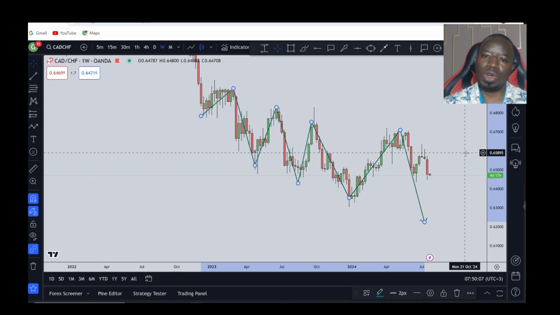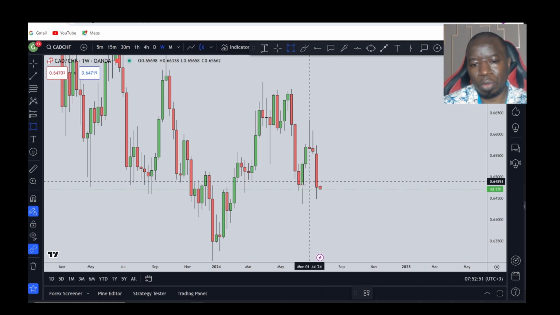But remember, we are not so much focused on what will happen weeks ahead. We are only focused on what will happen this particular week, because we intend to take the trades within the lower time frames, but we look at the general big picture from the higher time frames to inform the decisions we want to take in the lower time frames.